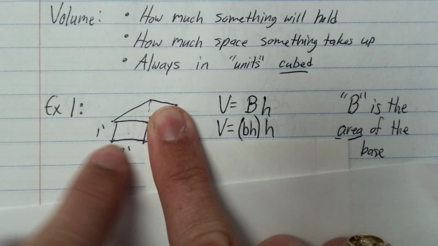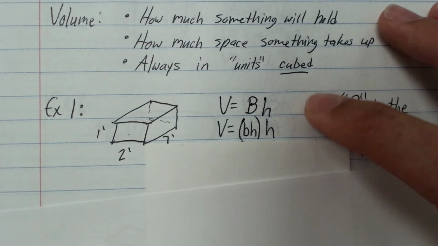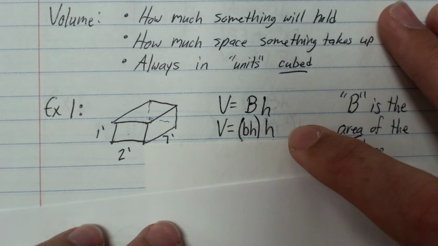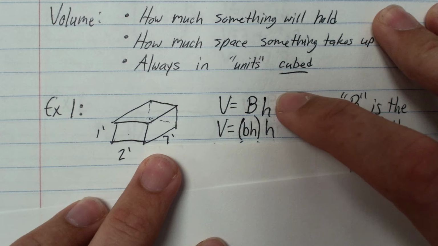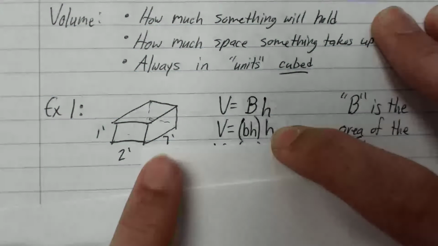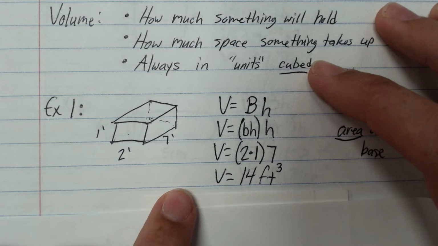The height of the base is going to be this 1, because this is our base, the base is 2, the height is 1. It does not matter which one you really call which, but we're going to go 2 and 1, and then the height, anything in this original problem right here goes with the prism, so this is the height of the prism, which is 7. 2 times 1 times 7 is 14 cubic feet.